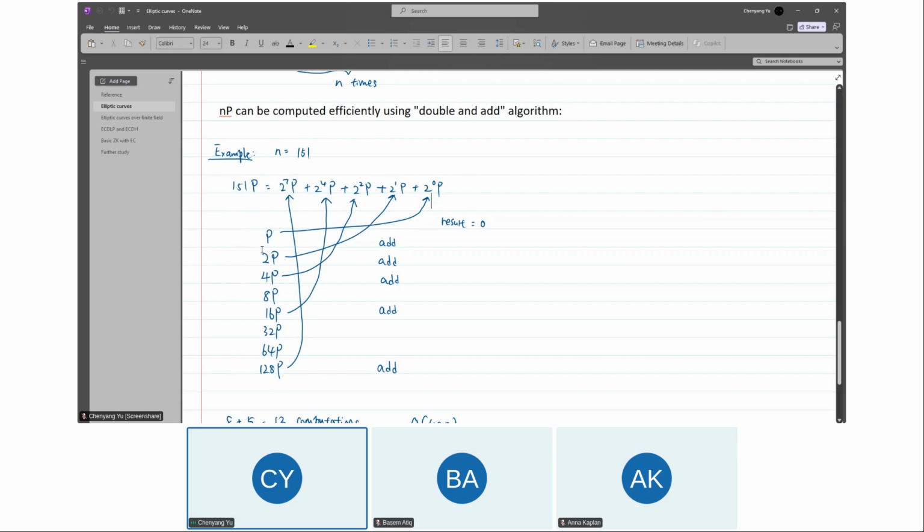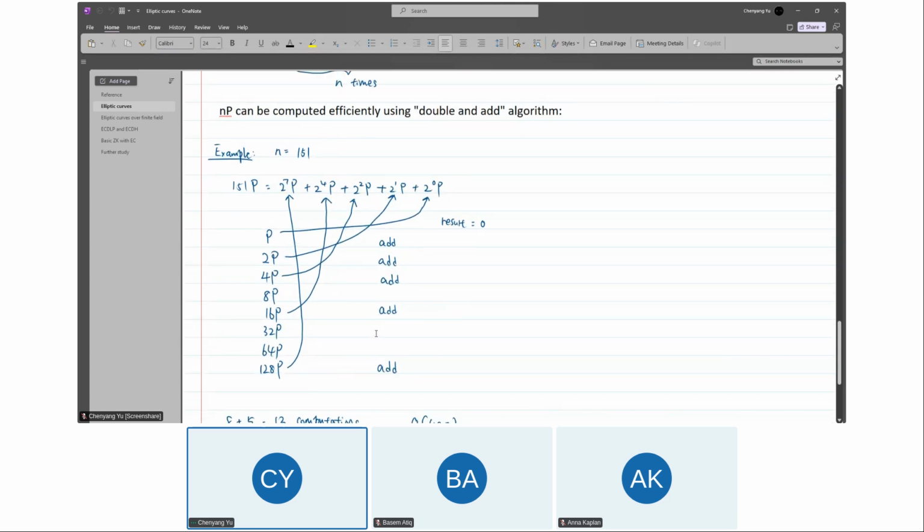So you are computing this. If this P exists in the formula, then you do add. Otherwise, you just skip it. For example, in the 8P case, we don't have 8P here, so we just skip it, right? If you have it, you double it and add the original value, and double and add, double and add. If the term does not exist in the formula, you just skip it. Okay, so this is called double and add.